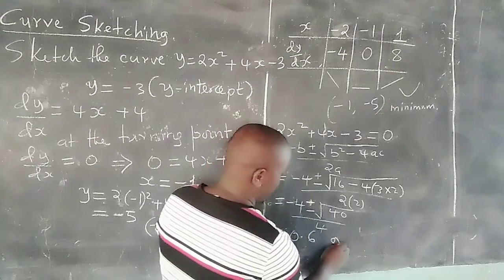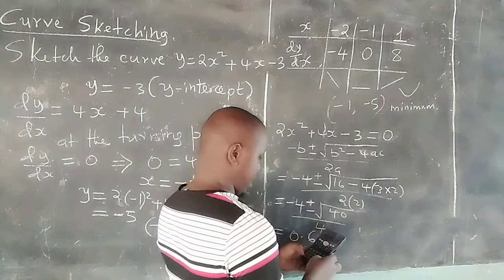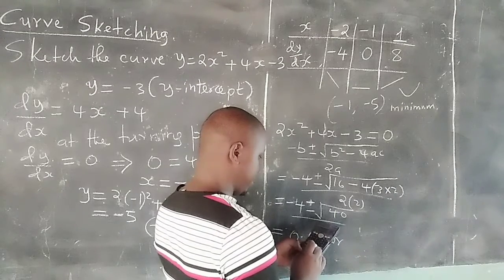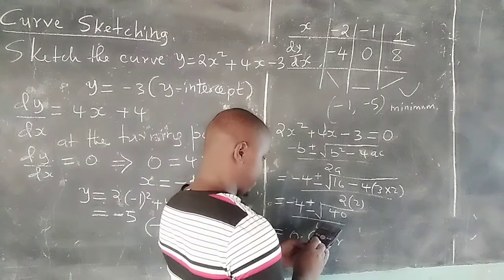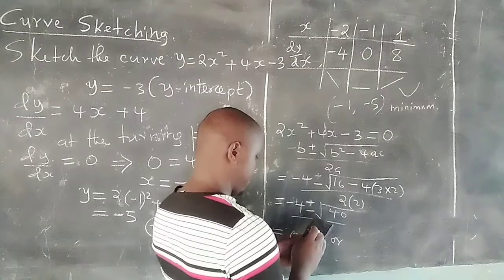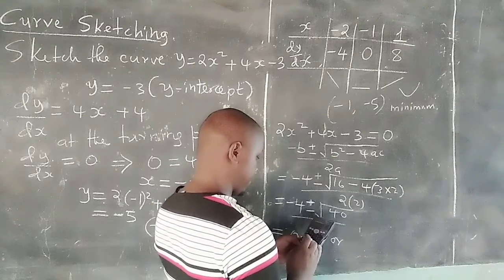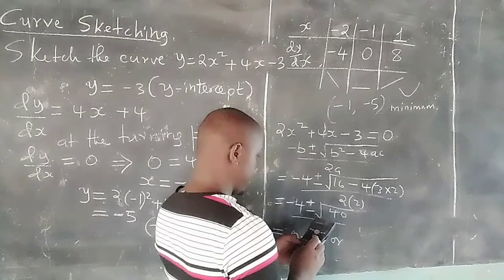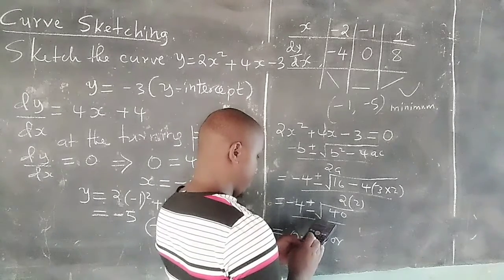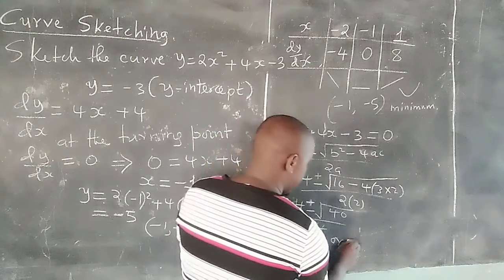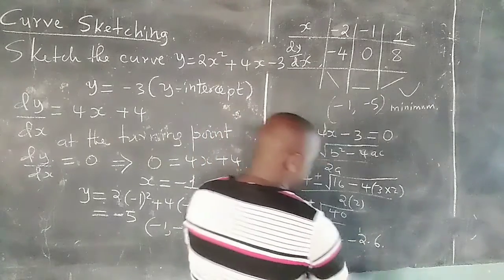This will give us 0.6, or negative the square root of 40. Then we minus 4 and divide by 4, giving negative 2.6.